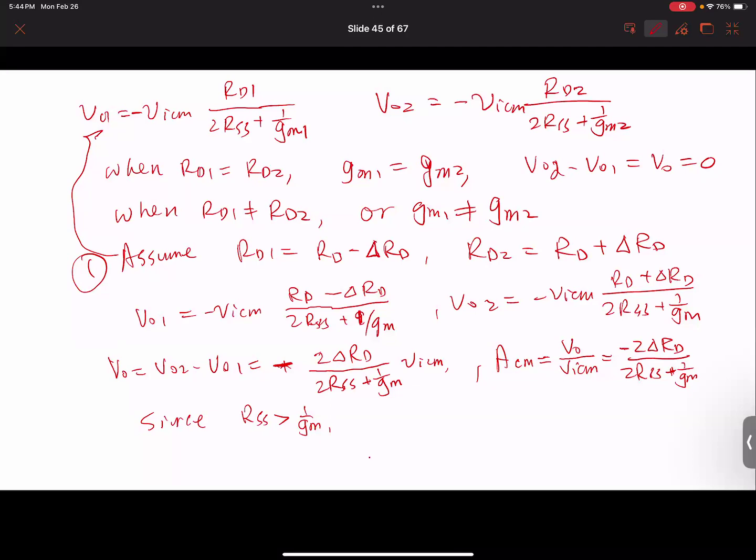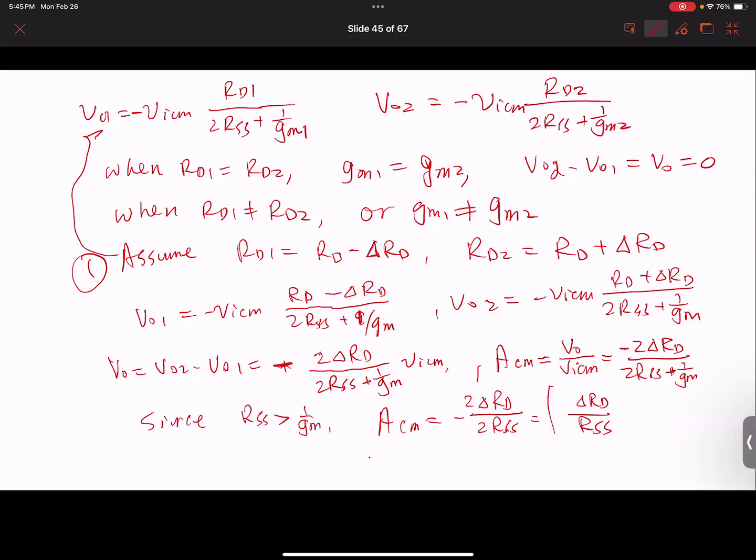If you take 1 over GM, 1 over 5 milliamps per volt, you get 200 ohms. So 200 ohms compared with 20 kilo ohms is very small, so we can basically get rid of the 1 over GM. We will simply have A_CM equal to minus delta RD over 2 RSS, which equals delta RD over RSS. I think I got it right.